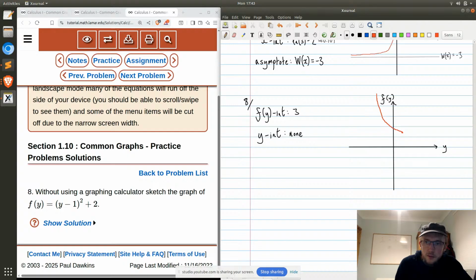Notice the vertex form. This is how we get that minimal point. And there's 3. And that's good enough for me.